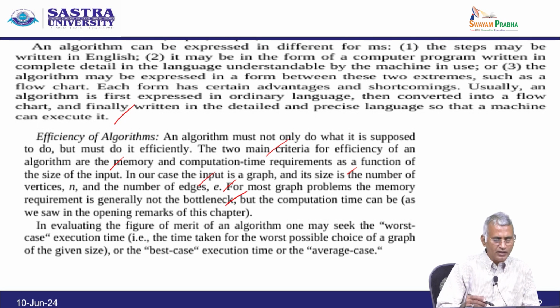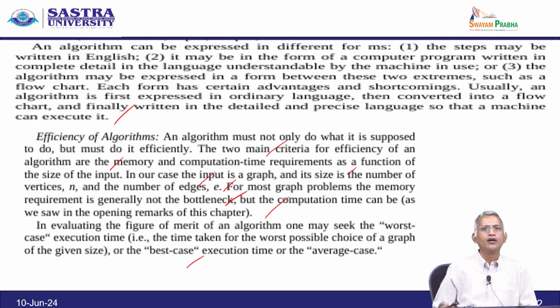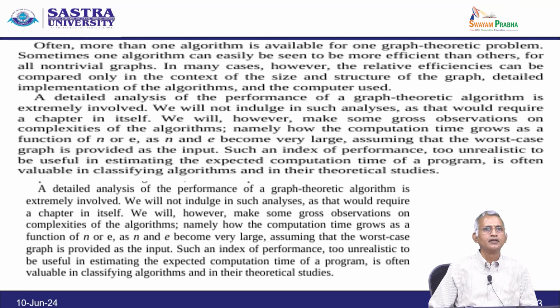In evaluating the figure of merit of an algorithm, one may seek the worst case execution time, that is, the time taken for the worst possible choice of graph of the given size, or the best case execution time, or the average case. Often more than one algorithm is available for one graph theoretic problem.